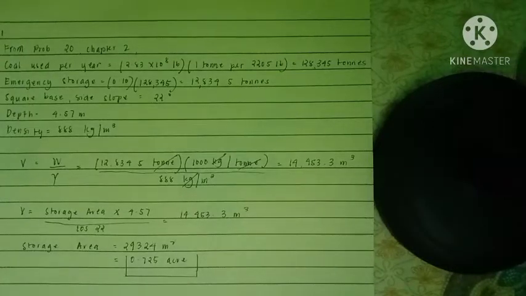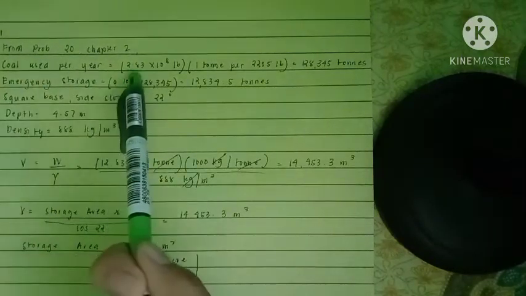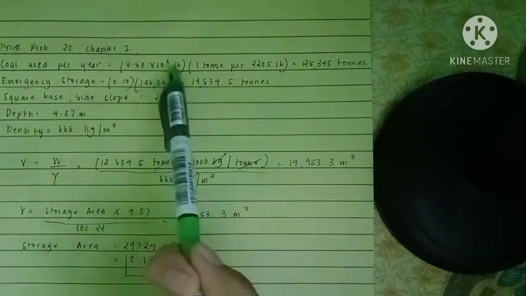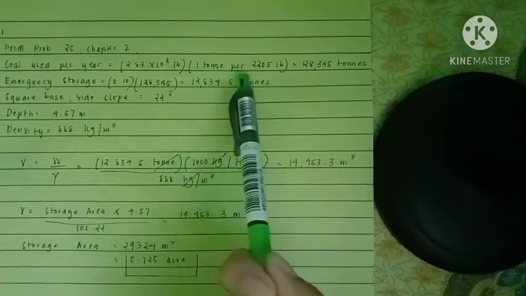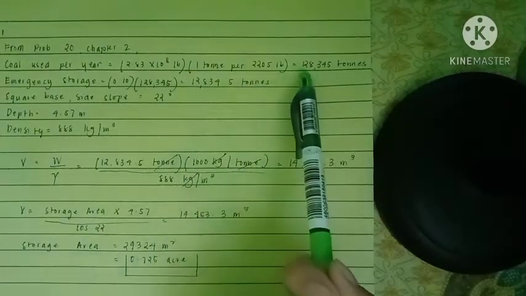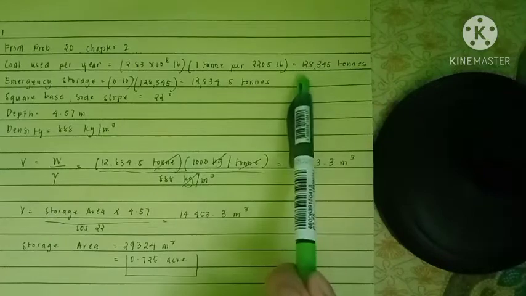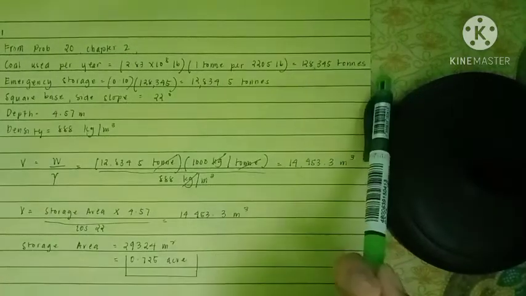Solution for problem number 1 in chapter 12. From problem 20, chapter 2, coal use per year is equal to 2.83 times 10 raised to 8 pounds times 1 ton per 2,205 pounds, which will give us 128,345 tons.